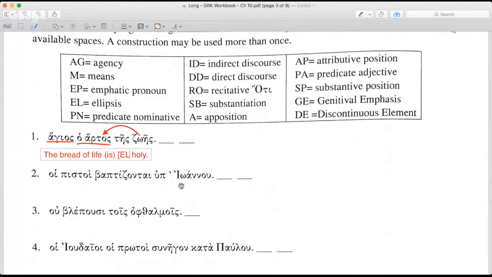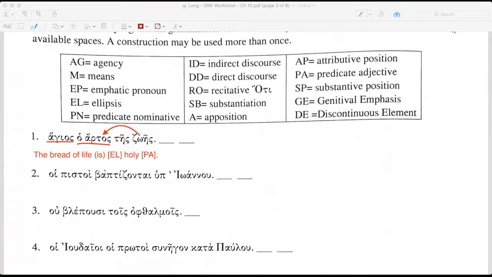We'll mark EL in line in the translation after the ellipsis. You can do this a lot of different ways, but this is just how I'm going to do it. You can put it up here. What else do we have? Predicate adjective. And we have predicate adjective, indeed. That makes sense.